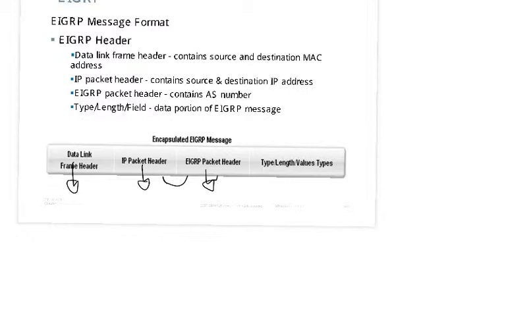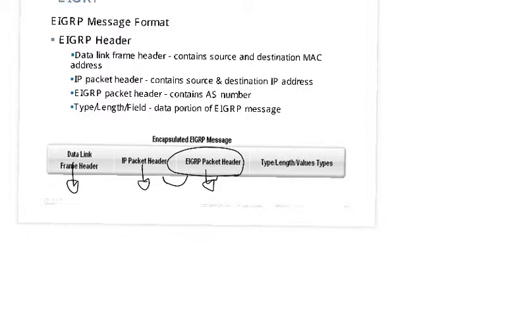This indicates that EIGRP does not use UDP. This is one main characteristic of EIGRP: it uses its own transport layer protocol to send the routing information. So I'm expecting to see some transport layer information as part of this header.